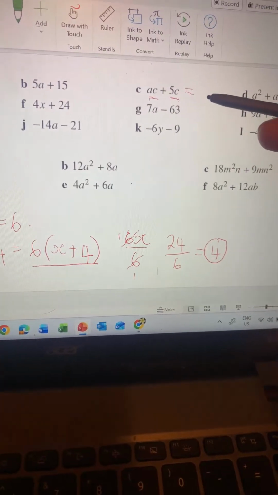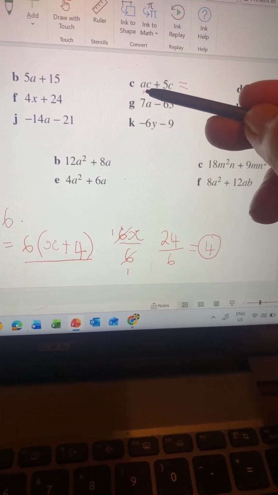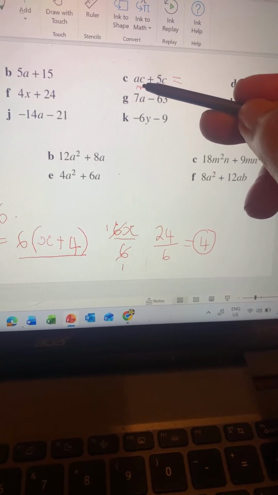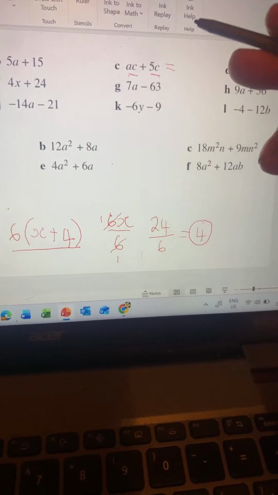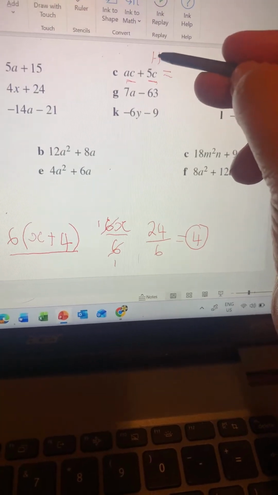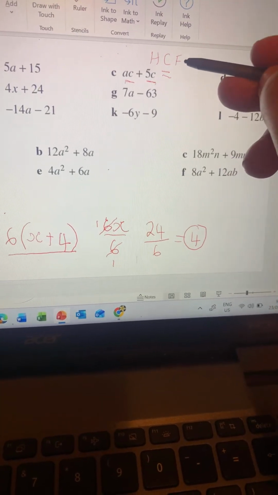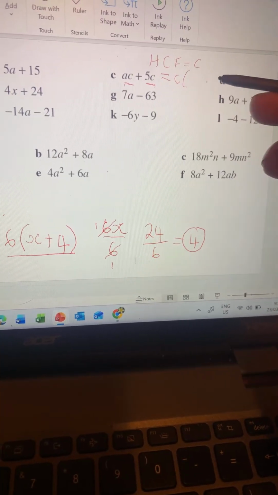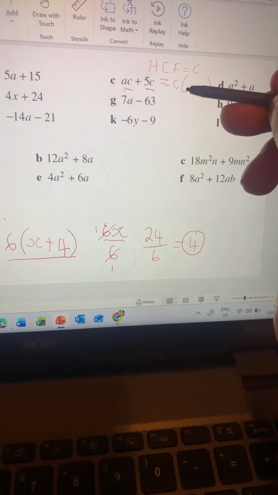So it doesn't look like we have a number as the highest common factor, but we do have a common letter. So that will be our HCF, okay? So HCF is basically C, so that's pretty easy. Highest common factor goes on the outside of the bracket, okay?